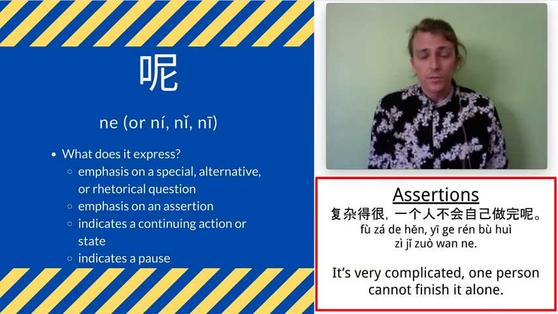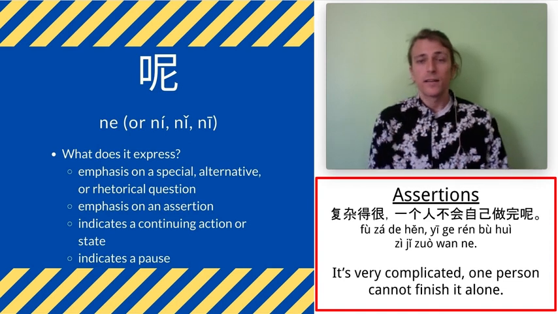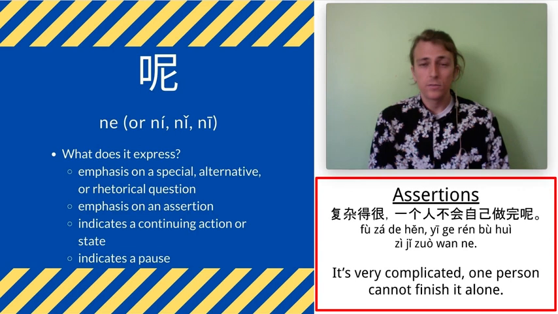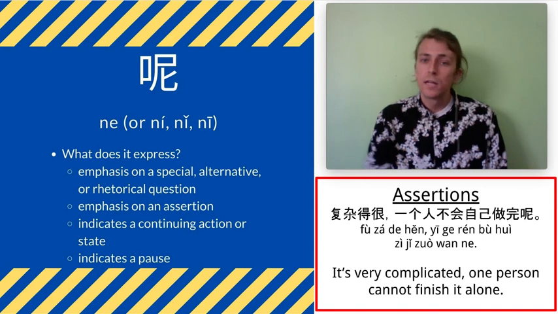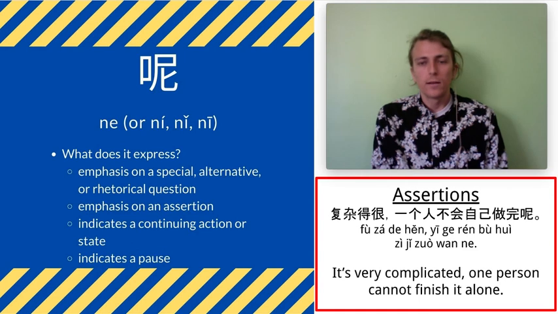You can also use this for assertions. So not in a question, but at the end of a statement, you can say ne to emphasize that you are asserting an opinion or what you know to be true. So in this example, we have 复杂的很,一个人不会自己做完的.